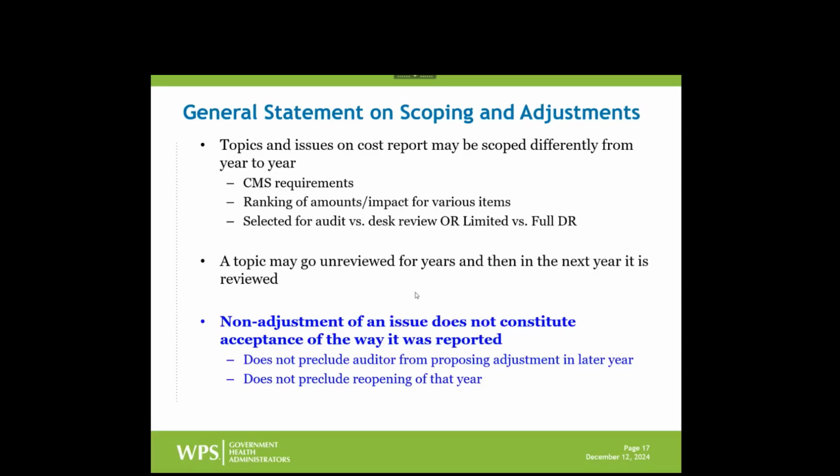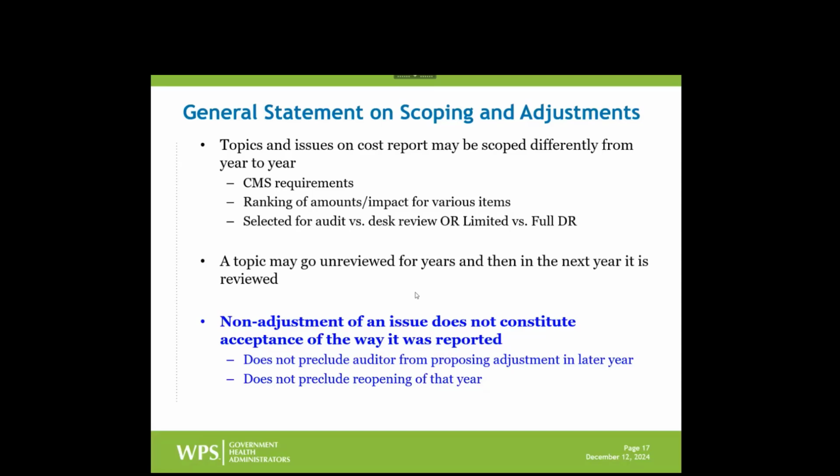What we scope one year might be different from what we've scoped in the past several years, really, depending on CMS requirements. They give us the desk reviews, the audit programs, as they find things nationally that they believe are being done improperly. Basically, it's risk assessment, either done at the CMS level or at the MAC level.